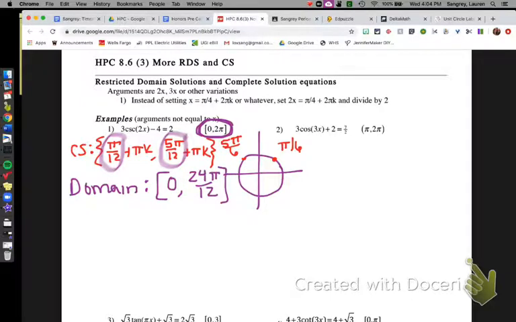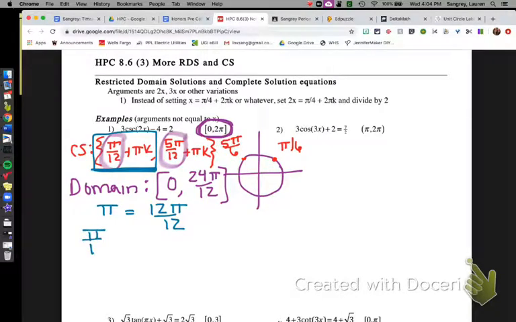And then I look at my first solution, pi over 12 plus pi k. Well, pi in this case is going to be 12 pi over 12 in order to have a common denominator of 12.